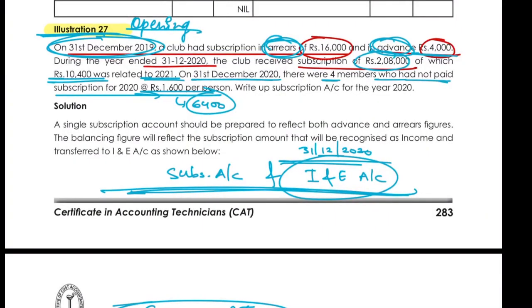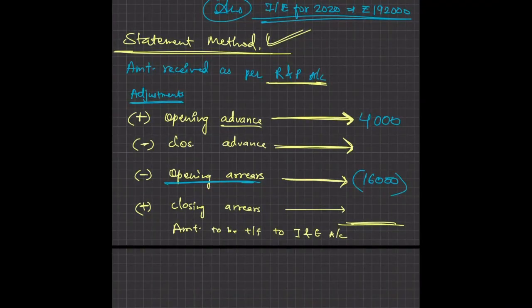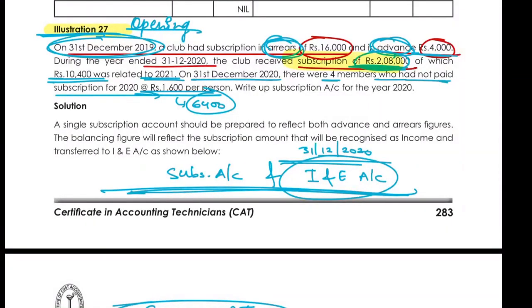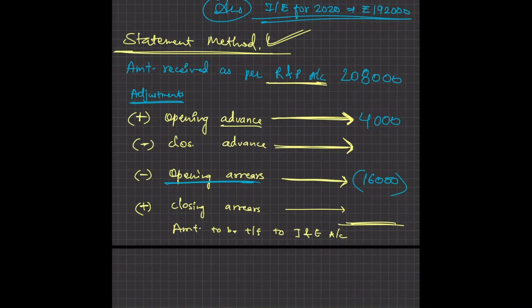Then how much is the subscription received? Sir, it is 2,08,000, which is given in the next line. So here I will write on the top 2,08,000. That is my amount received as per the receipt and payment account. Then 10,400 is the amount for 2021. So this is the closing advance, 10,400, that I need to deduct.